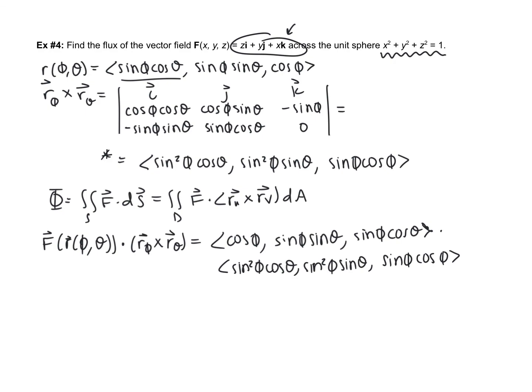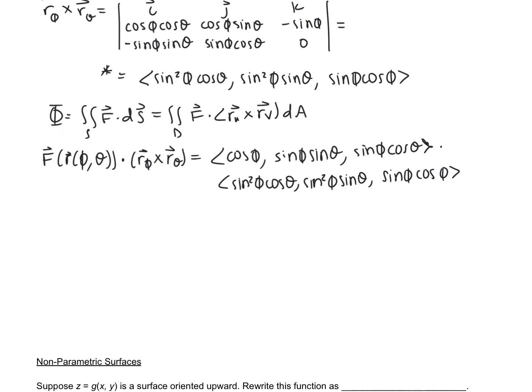Let's see where that gets us. That will get us cosine phi sine squared phi cosine of theta, add sine cubed phi sine squared theta, add sine squared phi cosine theta. And unfortunately, that cannot be simplified.